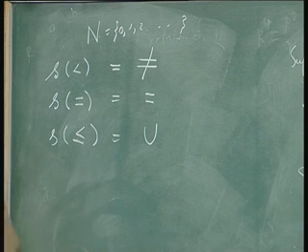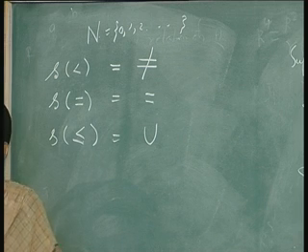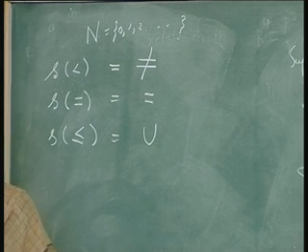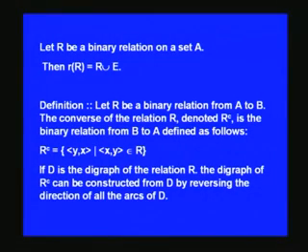Now, we have to find out how we go about finding the symmetric closure of a binary relation R. For that, we have to know what is meant by the converse of a relation. Let R be a binary relation from A to B. The converse of the relation R, denoted by RC, is the binary relation from B to A, defined as follows.